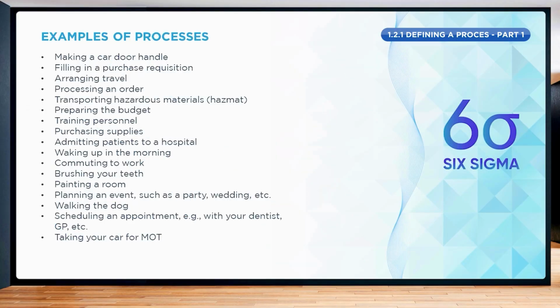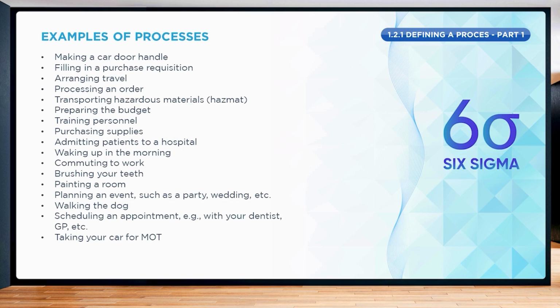Here we have some examples of processes, some of them associated with a business operating environment, and some of them associated with our personal lives. Making a car door handle, for example, in auto manufacturing, this is part of the assembly process in order to have a complete functional car that is ready to be sold to a customer.